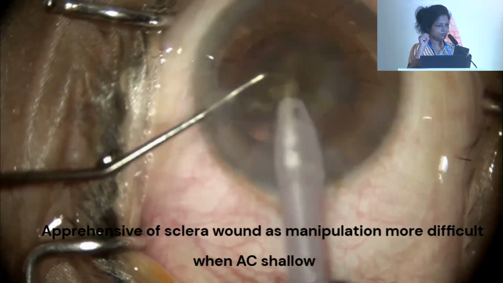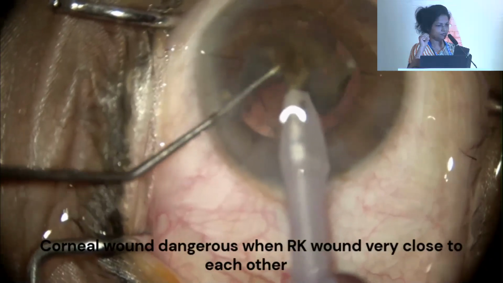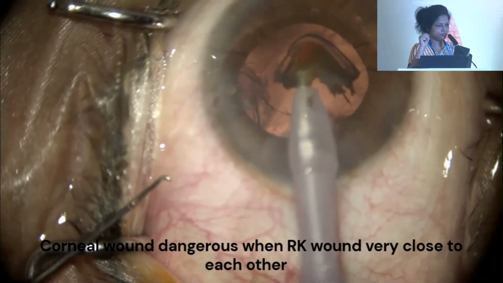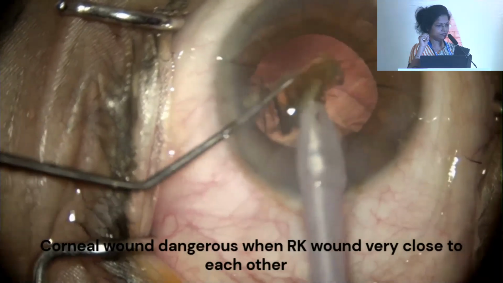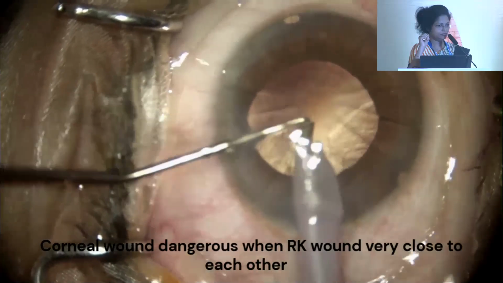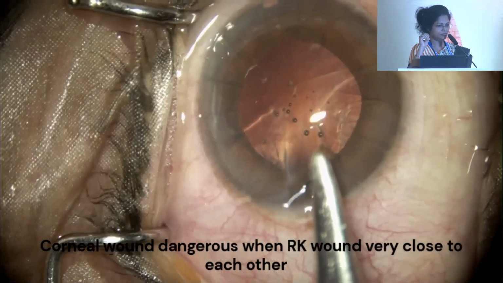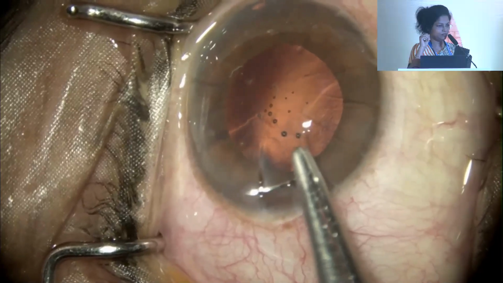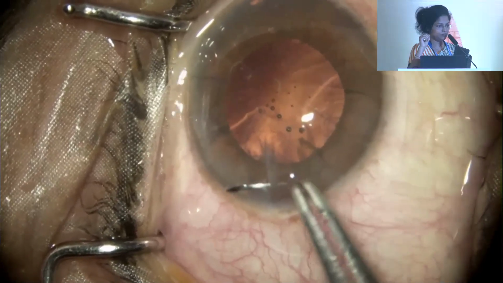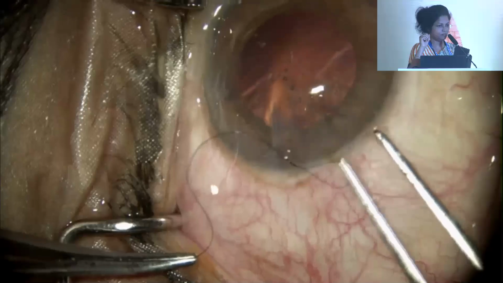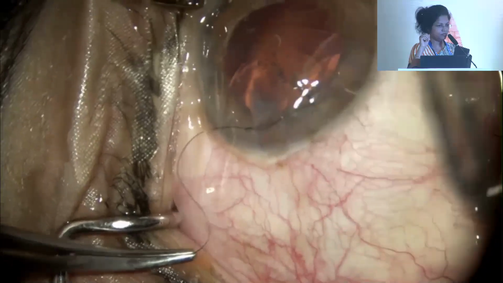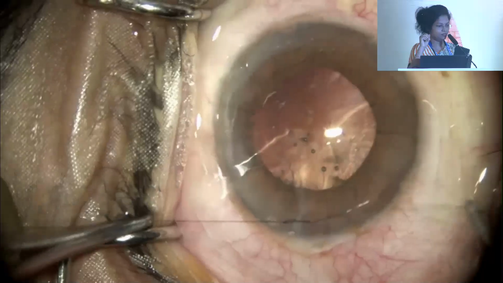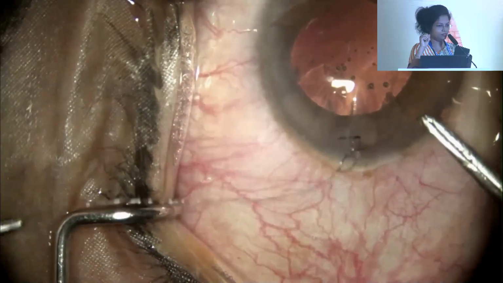So I went for a corneal wound, but it is definitely a dangerous thing when the RK wounds are so close to each other, as you can see. This radial keratotomy was done 30 years before this phaco surgery, and because of the chances of complication, no surgeon was ready to do the surgery. That is why the patient had to wait so long.